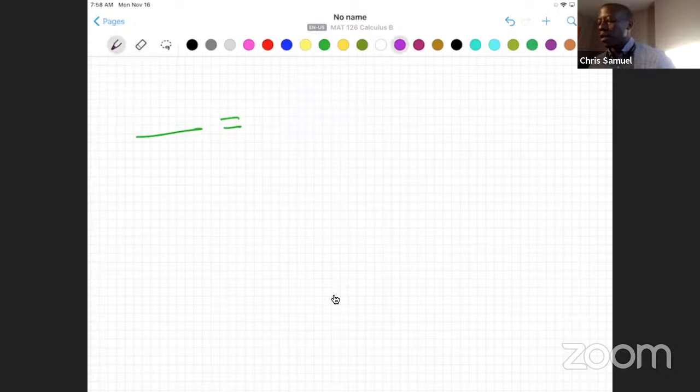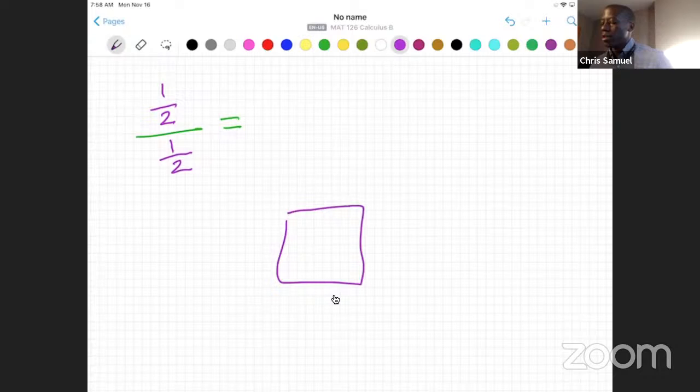So if we have 1/2 divided by 1/2, right? If we have a square here and we divide it into half, one is 1/2 and the other one is 1/2. We want to know how many times this 1/2 goes into 1/2.